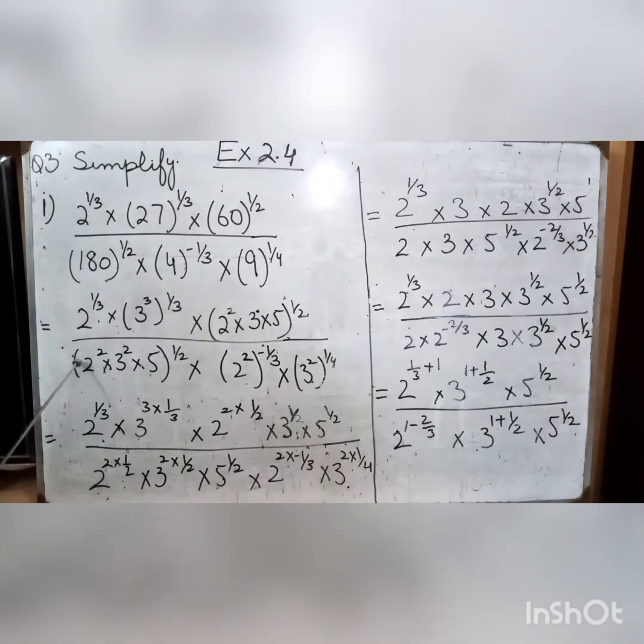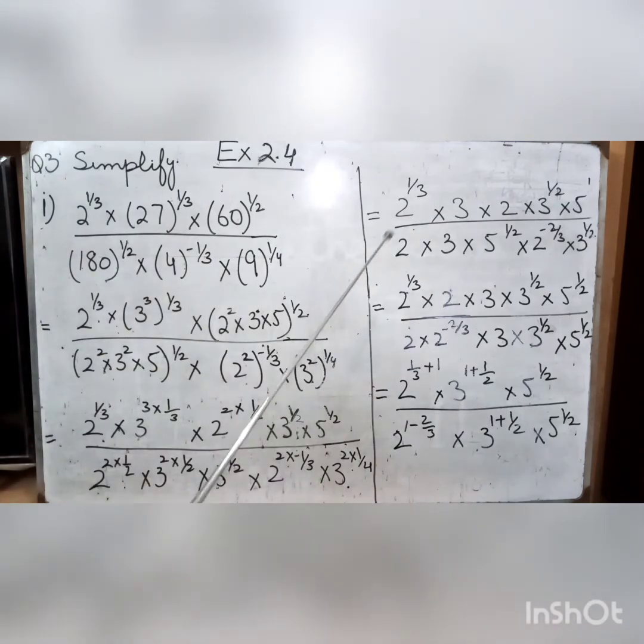Similarly, 2 raised to power 2 multiplied by 1 over 2, 3 raised to power 2 multiplied by 1 over 2, multiplied by 5 raised to power 1 over 2, 2 raised to power 2 multiplied by minus 1 over 3, 3 raised to power 2 multiplied by 1 over 4.